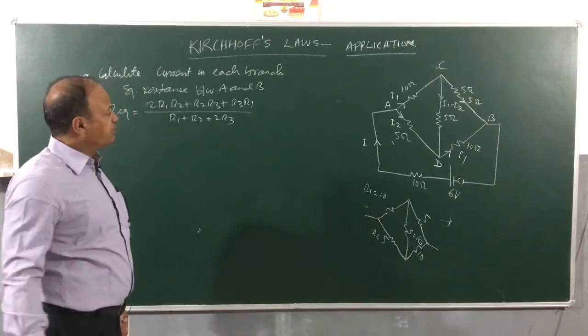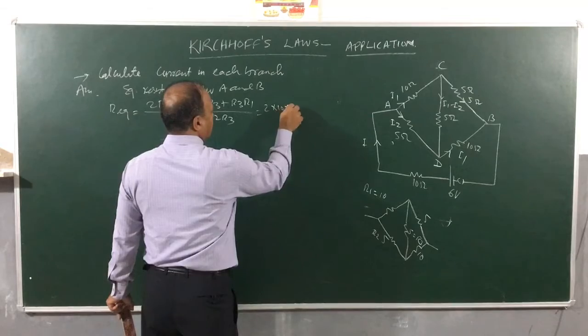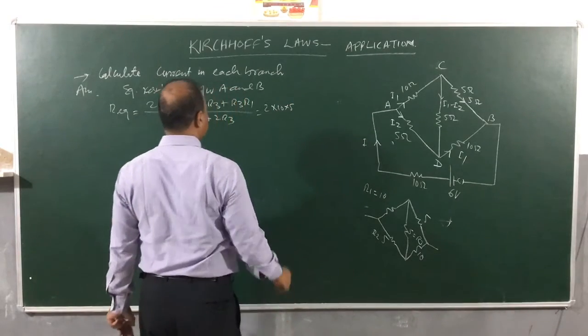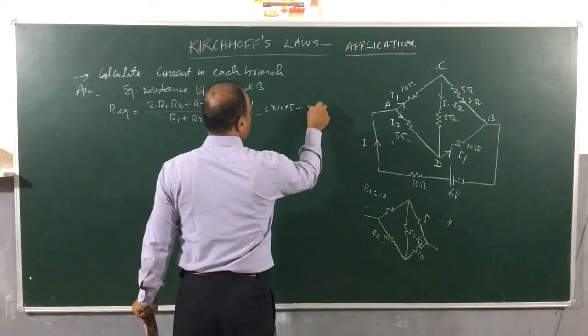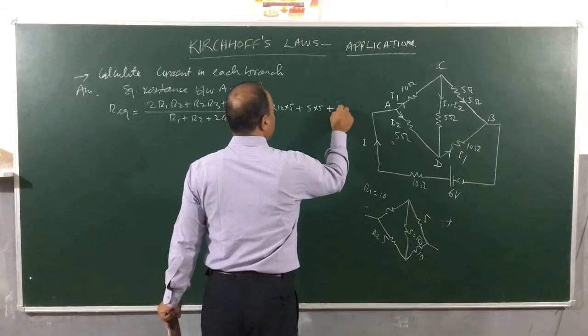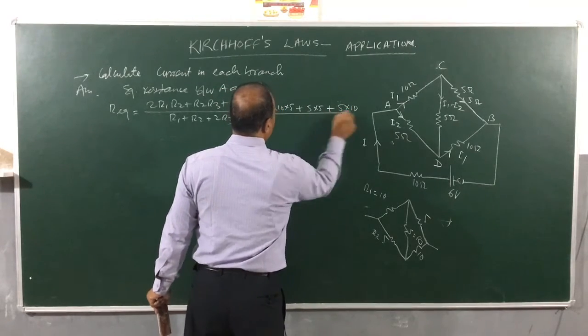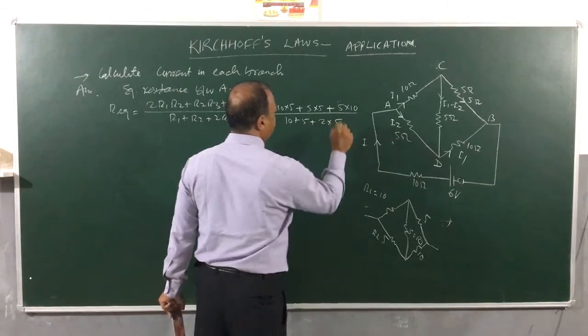If you put in all these values, children, then what do you get? Twice 10 into 5 plus R2 R3, 5 into 5 plus R3 R1 is 5 into 10 divided by 10 plus 5 plus 2 into 5, right?